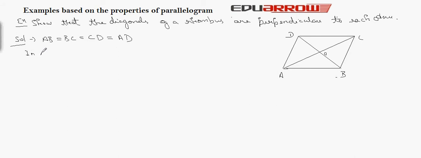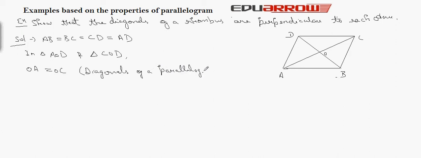Now in triangle AOD and triangle COD, OA is equal to OC because we know that the diagonals of a parallelogram bisect each other, and we know that a rhombus is a parallelogram and the diagonals of a parallelogram bisect each other.